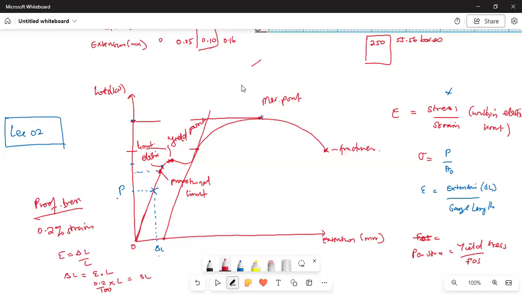So please make sure that you plot this graph on your own and you're able to do the evaluation. If you plot and you want to send it to me on WhatsApp to check for you, I will do that gladly.